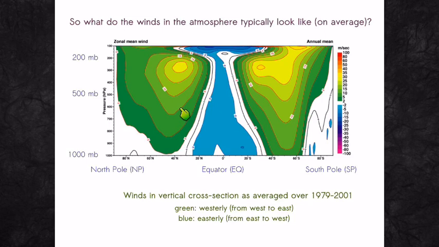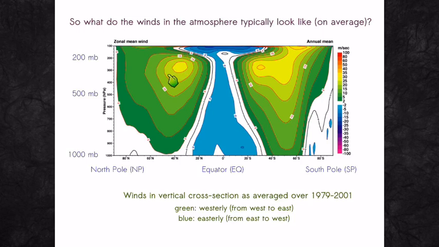This is consistent with what we were seeing on our two previous figures, where the winds are very strong in the upper troposphere, and the currents are maximized in mid-latitudes, maybe around 40 degrees north and some similar latitude to the south. Based on the colors, these are westerly winds, coming from the west towards the east.